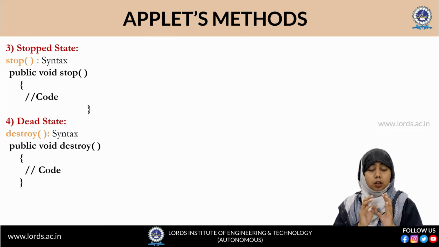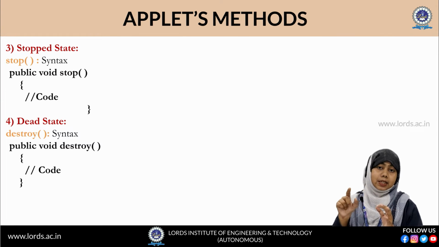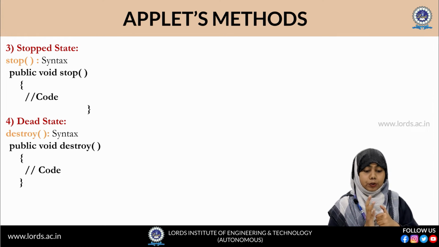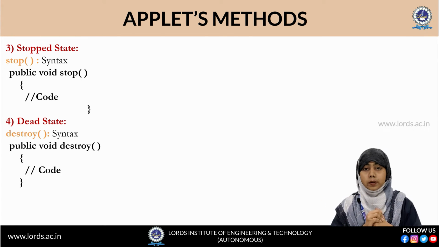Now when the user is completely shutting down the web browser, that time the destroy method will be invoked, and that means the Java plugin will decide that this applet will no longer be in the memory or the cache, and it will be removed, completely terminated. For that, you can write the code over here inside the destroy method.